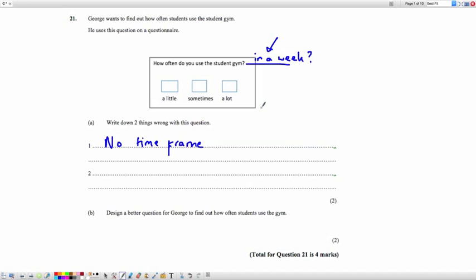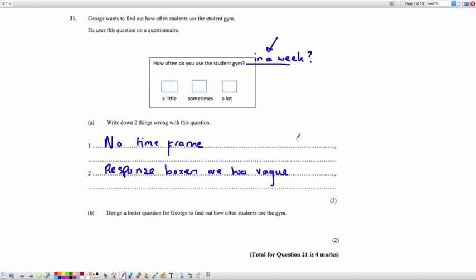The other thing that's wrong with this is the response boxes. They're too vague. A little, sometimes, a lot, mean different things to different people. So here we have our second thing that's wrong with this question, which is that the response boxes are too vague.